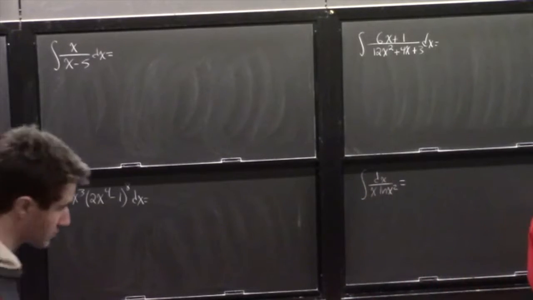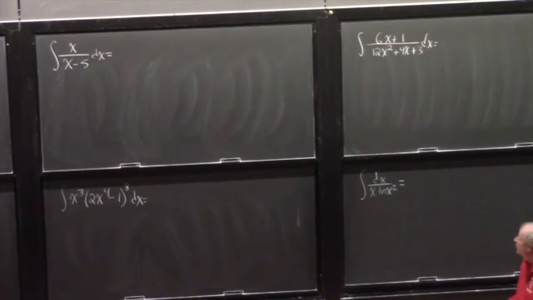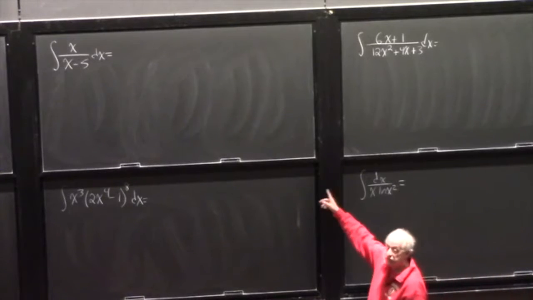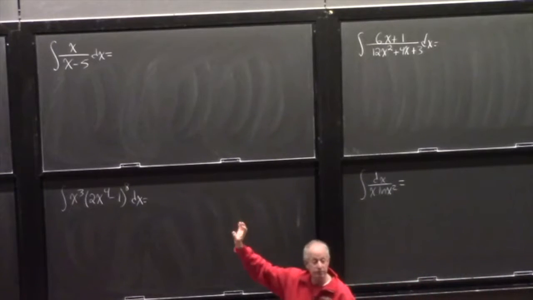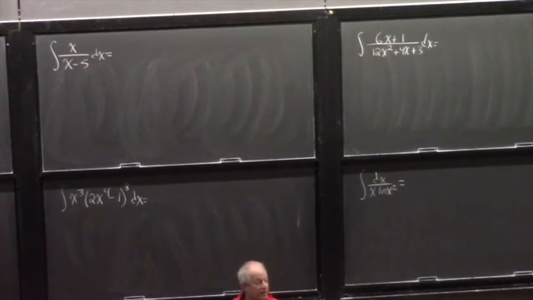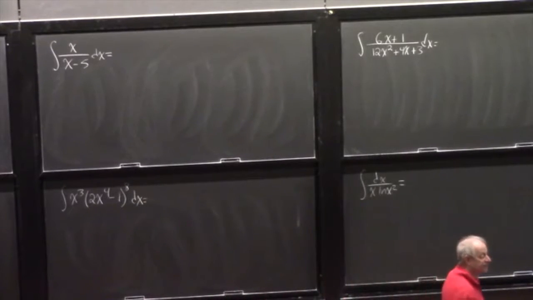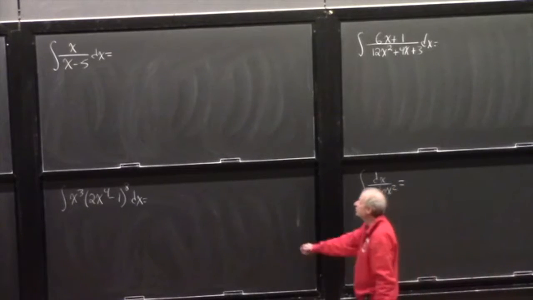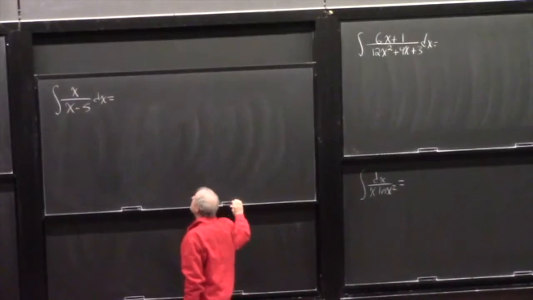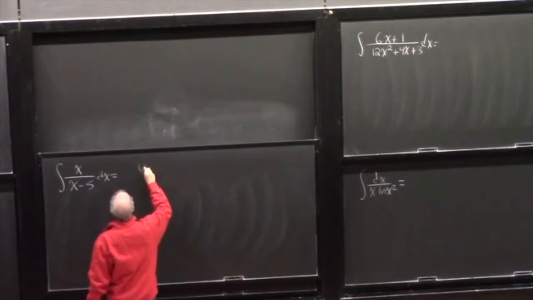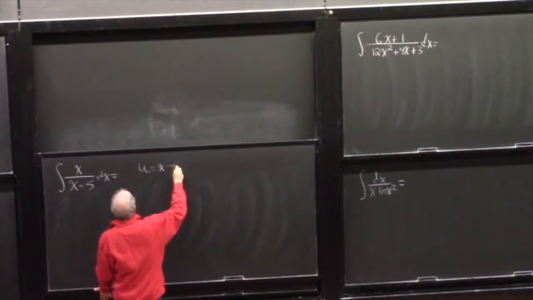Okay, there's 4 to get us started. So for the first one, you're going to want to do that trick where you make u equal x minus 5, and then u plus 5 equal x. Give you guys some clues to help you along. Here you're going to want u equal x minus 5.